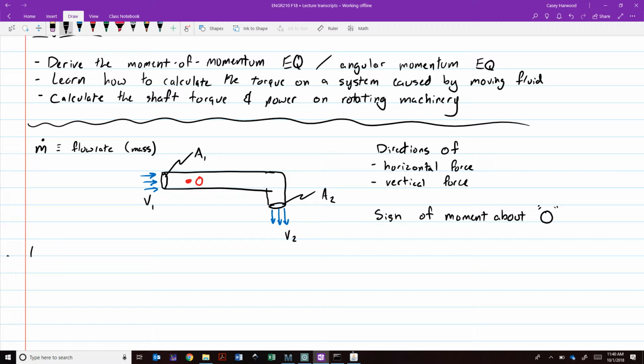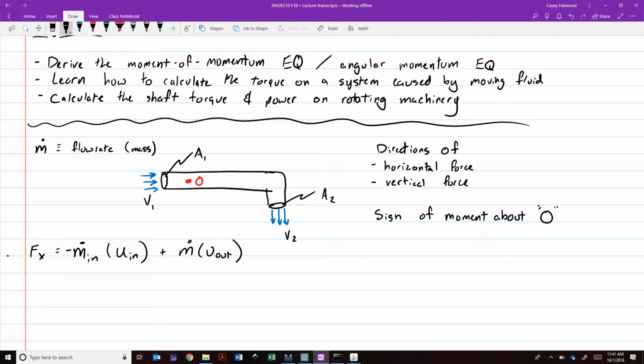So, for example, the force in x, the horizontal force, is going to be equal to m dot in times u in, which has a negative sign because it's flow in, plus m dot out u out, u being the x component of the velocity.